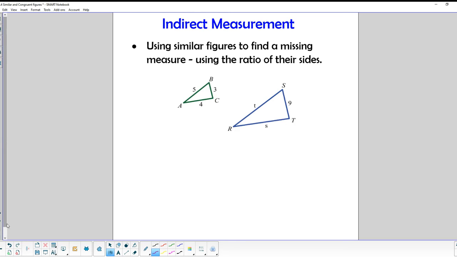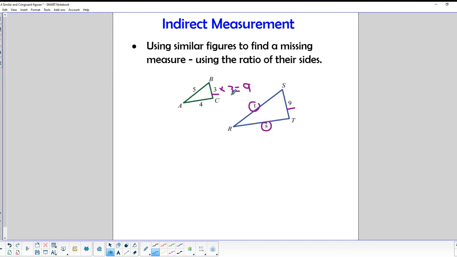Use similar triangles to find a missing measure. Use the ratio of their sides. Okay, so we know that the sides are proportional, and we want to find these two missing sides. So if we look at the two corresponding sides that we know, we notice that if I multiply the smaller side by 3, I get the larger side. So 3 times 3 equals 9.